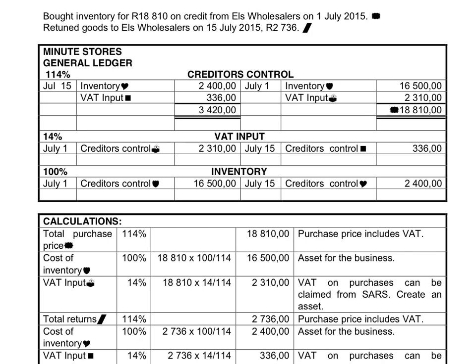So the first entry that we will record is to determine what portion of this 18,810 is VAT and what portion is the inventory that we bought, the cost price. The total amount equals 114%. The cost price of the inventory will only be 100%.